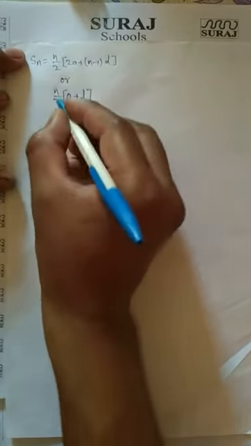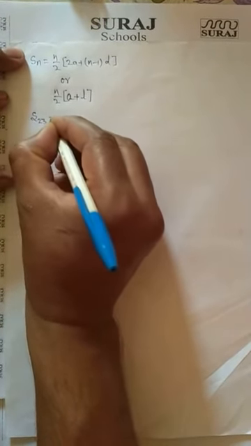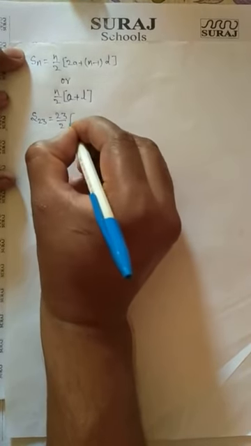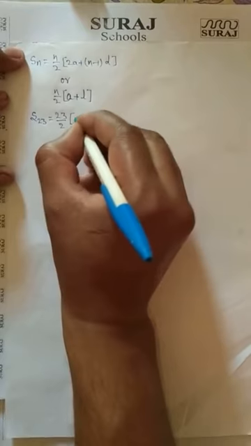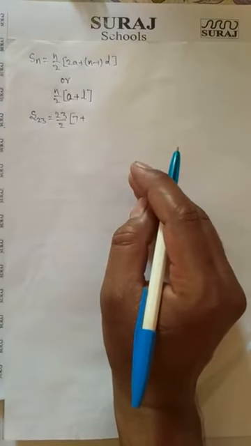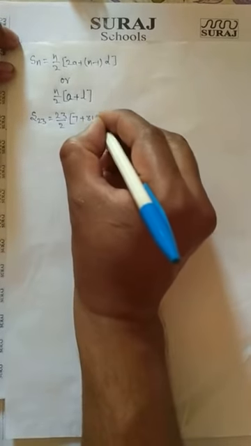So students, n is 23, a means first term. First term is 7, and l means last term, that is an. So an is, beta, 84.